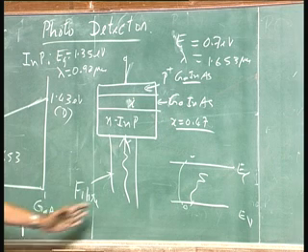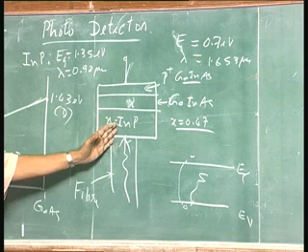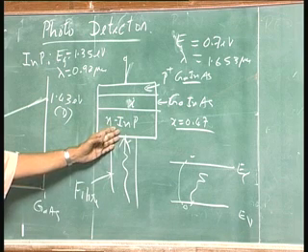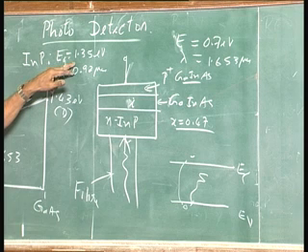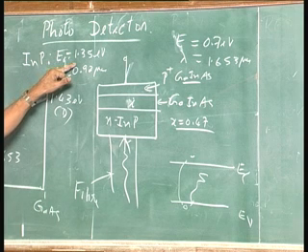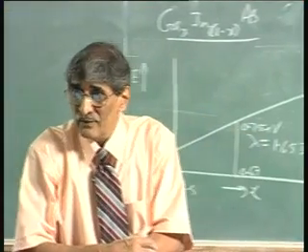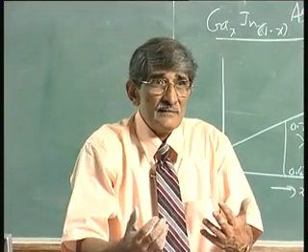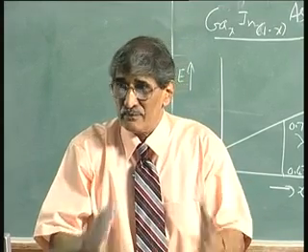Now, when the light is falling from the back side, it sees the indium phosphide first. So, if the energy of the light that is coming is greater than 1.35 electron volts, which means if the wavelength is smaller than 0.92 microns, it will be absorbed.